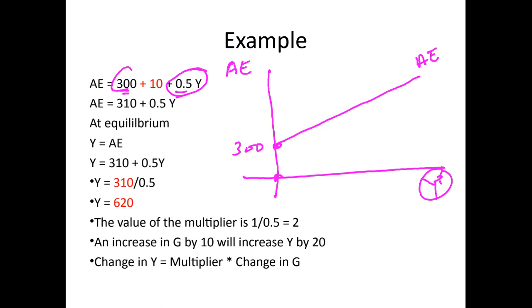Now let's assume that Y is, I took intentionally 400. Suppose Y is 400. That is the value of total real GDP, the total value of all goods and services is $400 million.